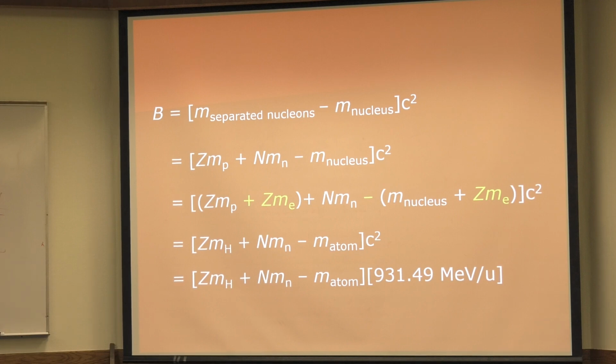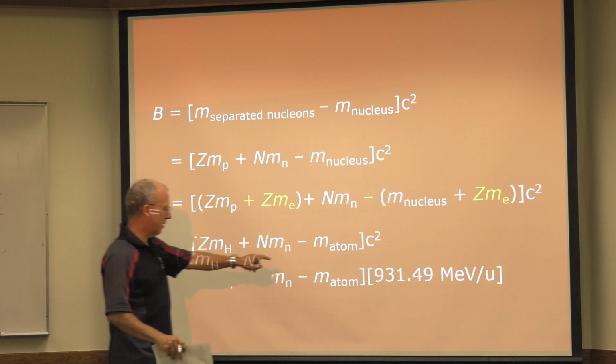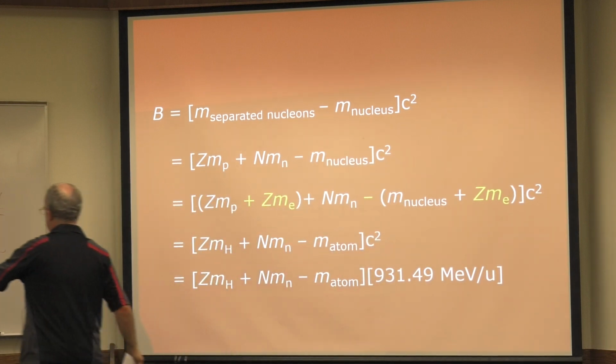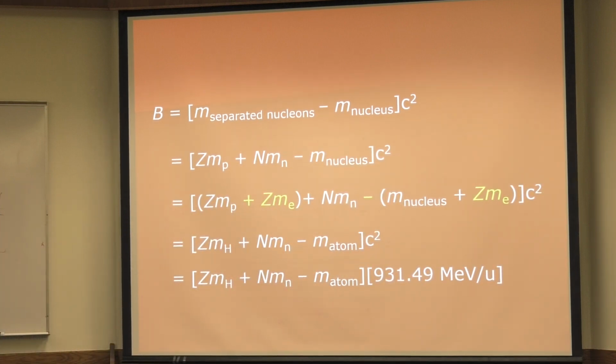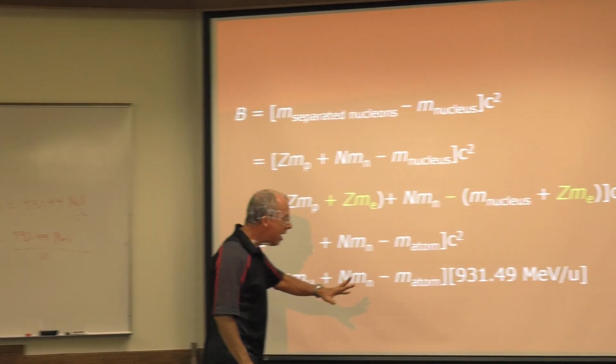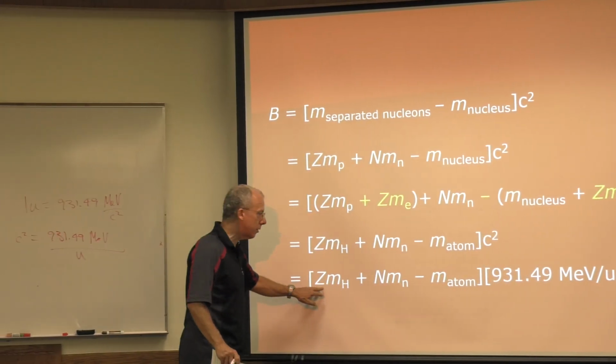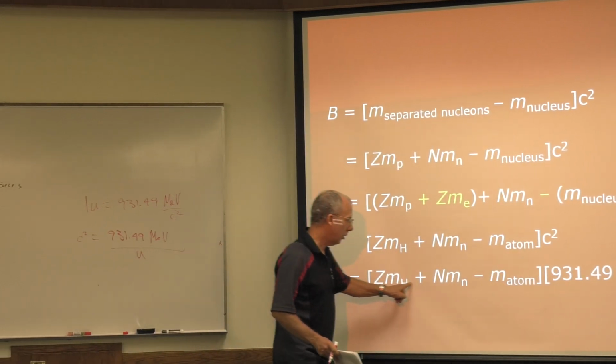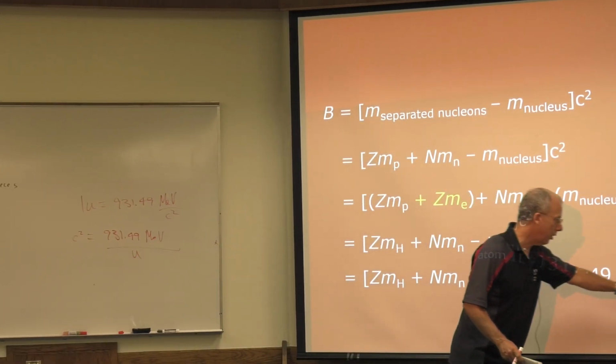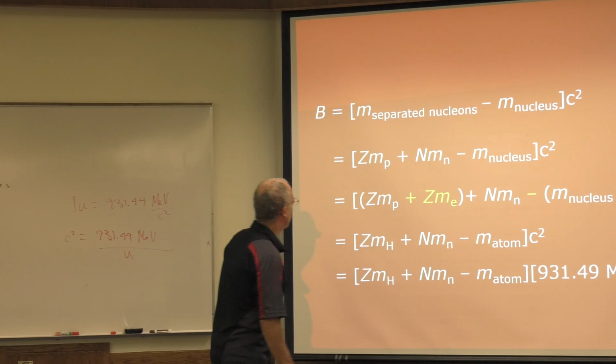So instead of writing c squared, we're just going to write 931.49 MeV per u, and then we're going to use these things in terms of u. The u here will cancel with the u here, and we'll get our binding energy in MeV.